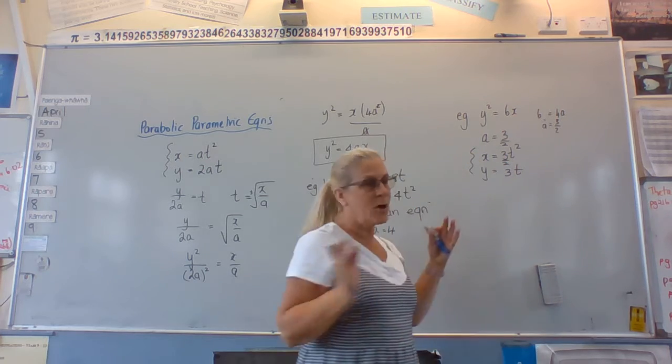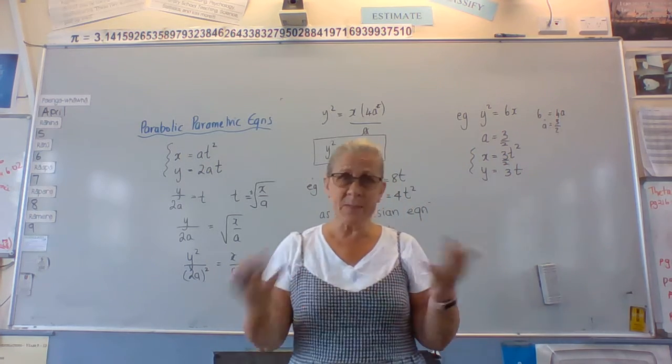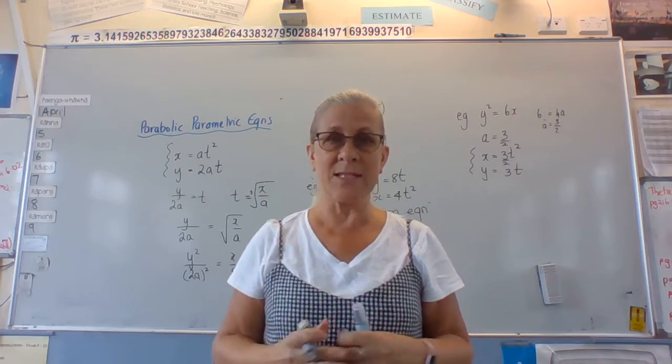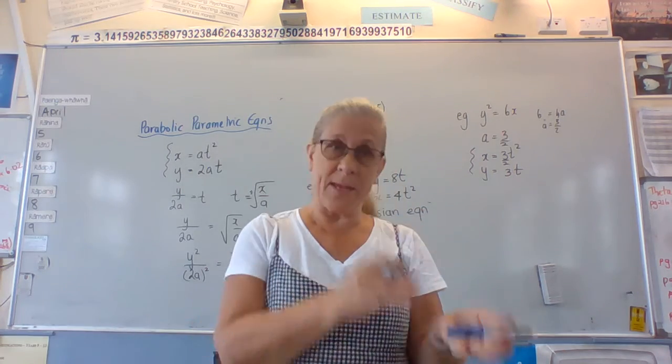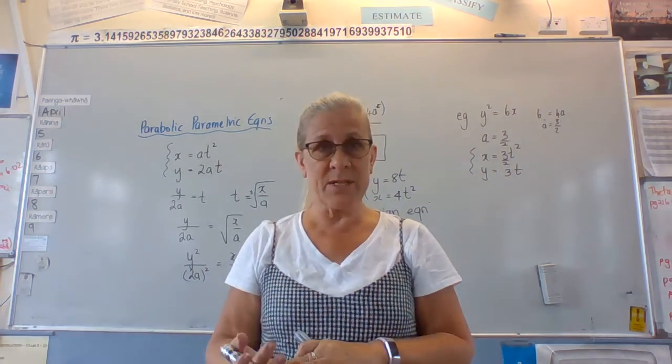So the first equation is x equals 3 over 2 t squared, and y equals 2 times 3 over 2 t, which is 3t. So those are our two equations. That's how we go from one to the other. Remember, sometimes in an assessment we're asked to give both forms, so we need to be able to find them in one form and turn them into the other.